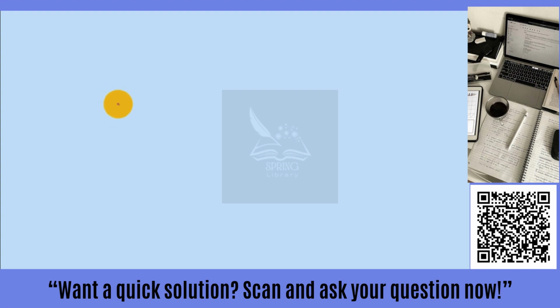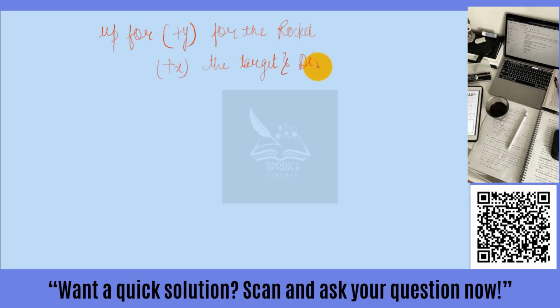We have two separate motions. Select up for plus y for the rocket, and for plus x the target's direction. The origin for the rocket is at the launch position, and for the target the position where it is at the instant the rocket launches.